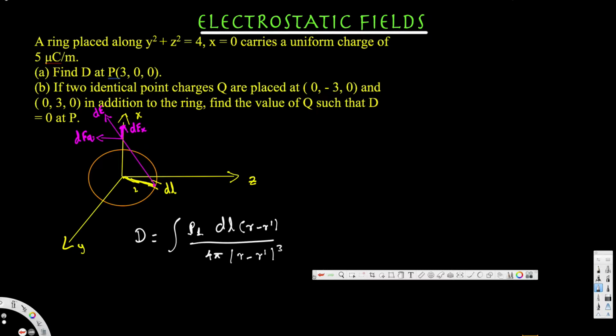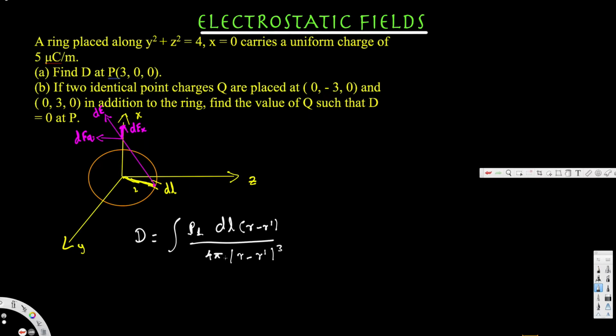So this is the equation to find out the flux density. Here rho L is the line charge and dl is the differential length. Also we can write dl in terms of rho d phi.